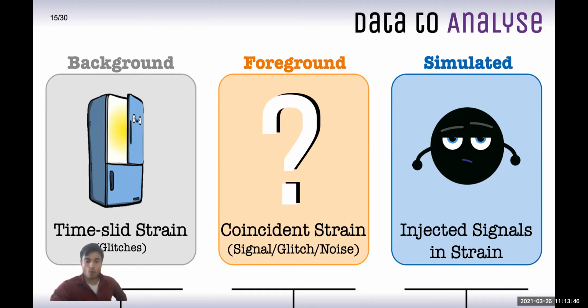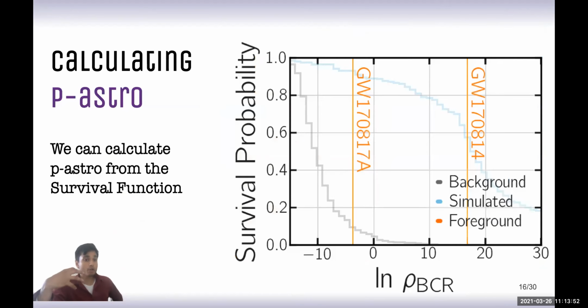Okay, so with these data sets in mind and our BCR tool that we've discussed, we can now try to figure out if some of the candidate events that were picked up by LIGO are indeed true signals or glitches. And we can do this by assigning a probability of how astrophysical a candidate is. To do that, we use this plot on the right of the slide.